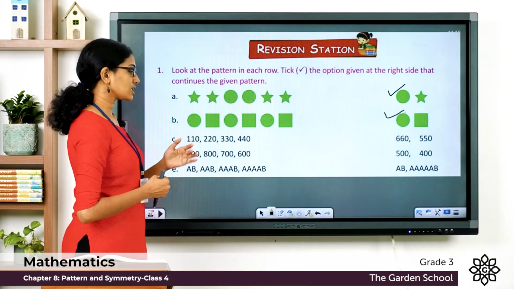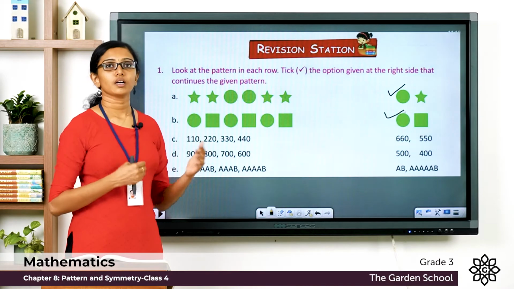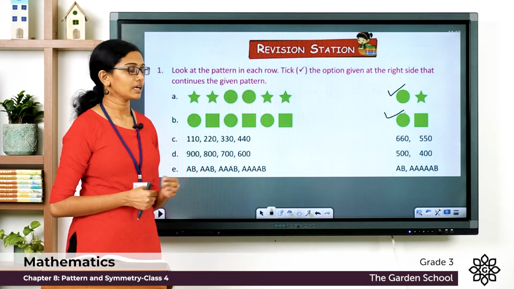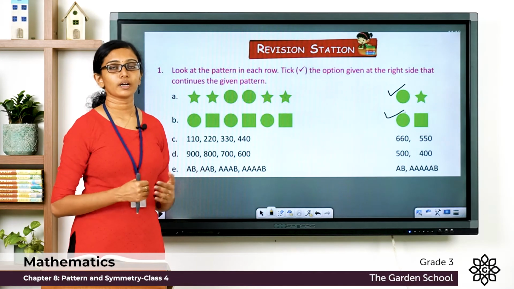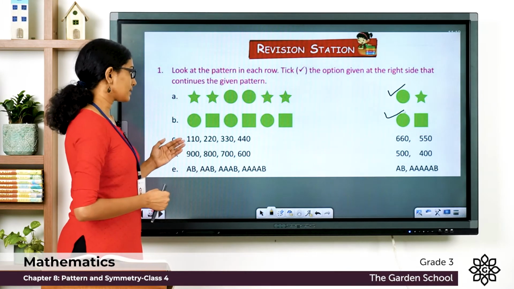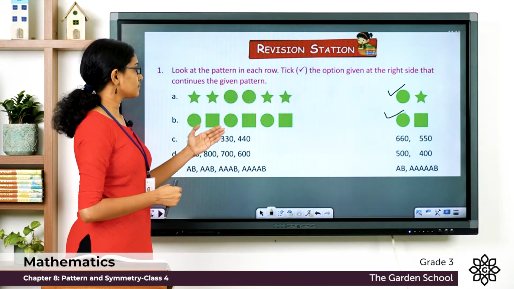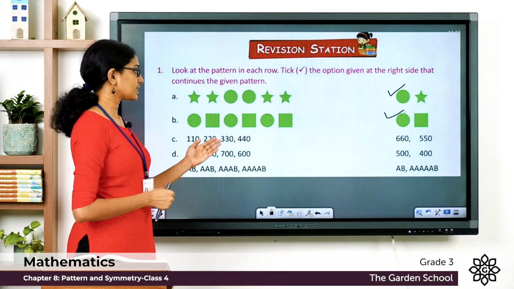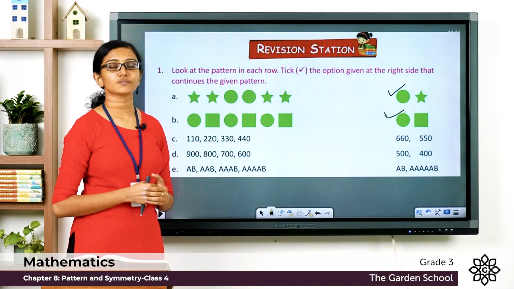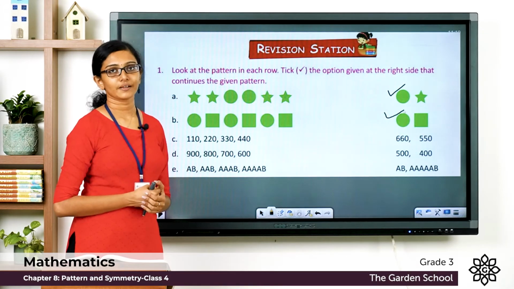You see there is a difference of 110 between each consecutive numbers. 110 and 220, the difference is 110. 110 plus 110 is 220, then 220 plus 110 is 330, then 330 plus 110 is 440. And that's how the pattern is proceeding.